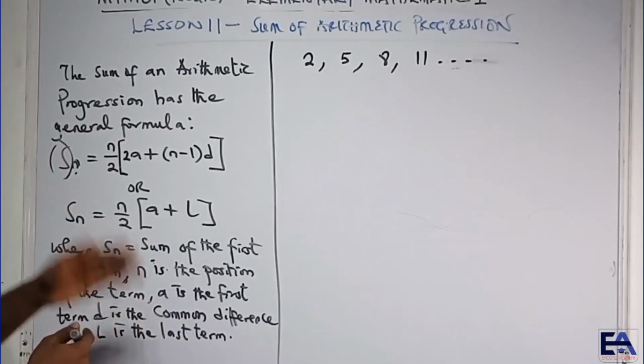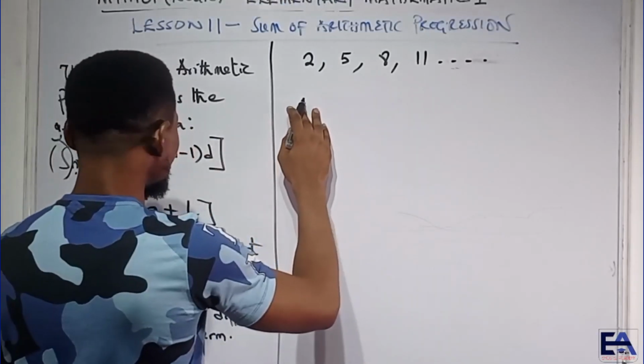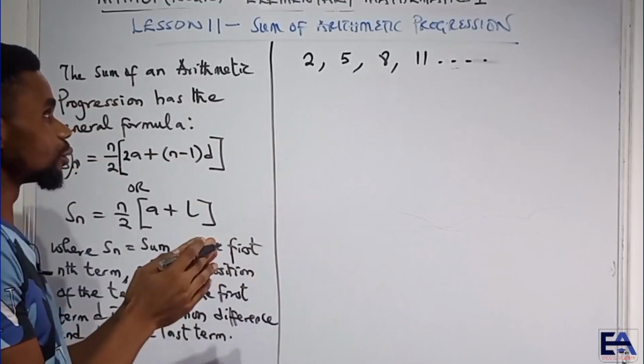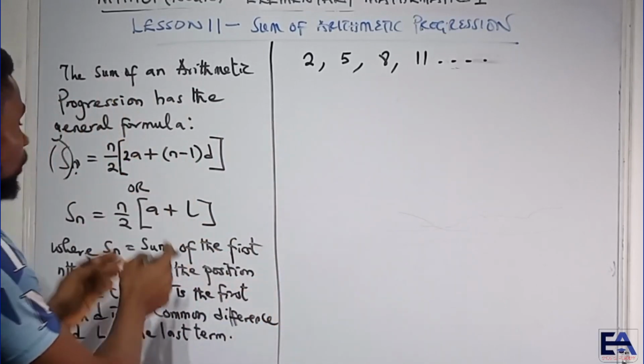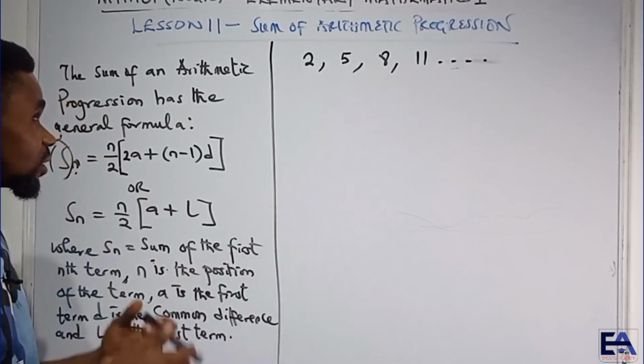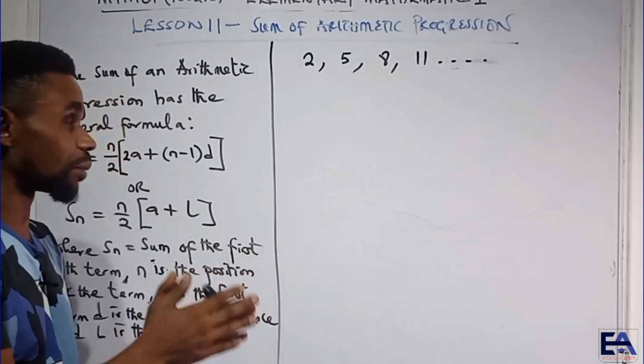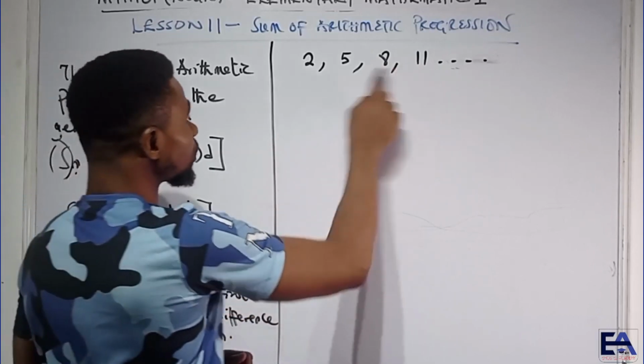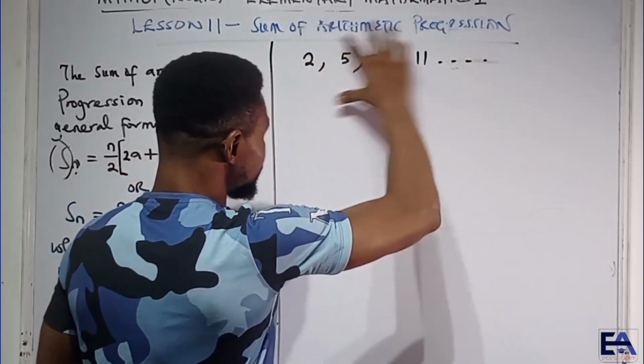I want to show you the practical way and also the formula way. If the question says we should find the sum of the first 4 terms of an AP, this is the sequence given.